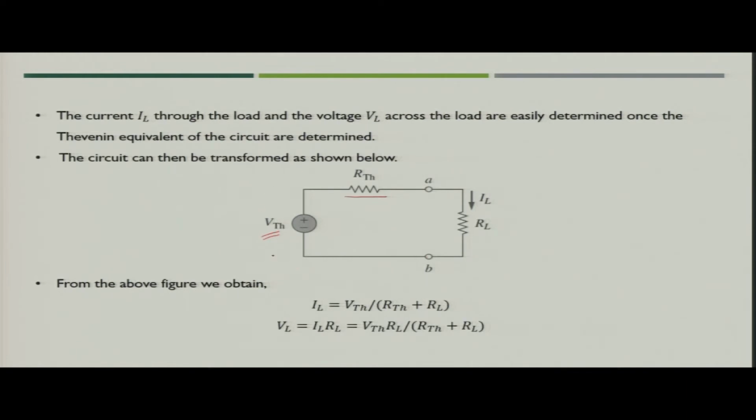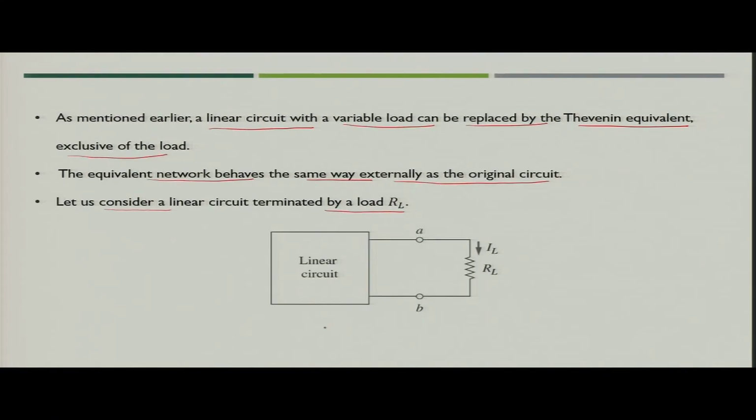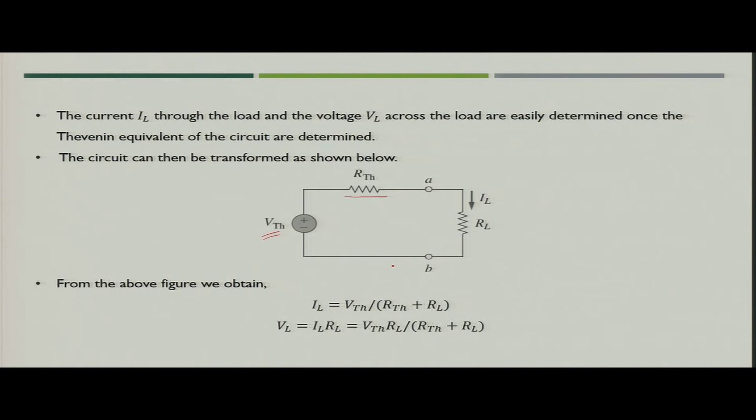This would be the equivalent circuit of your original circuit, where the linear circuit is not known to us, we are just simply replacing it with the Thevenin equivalent.